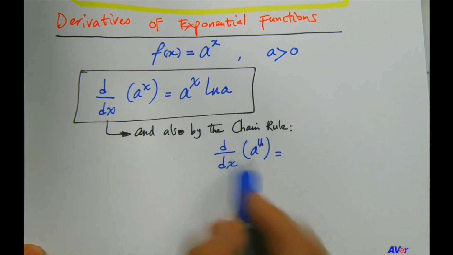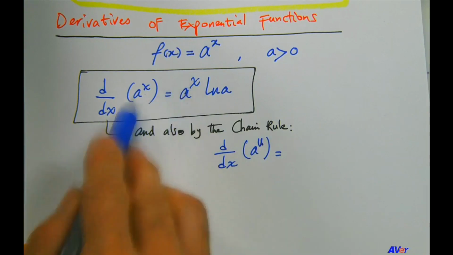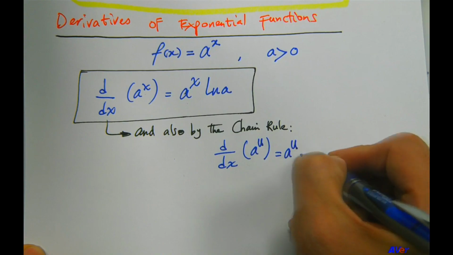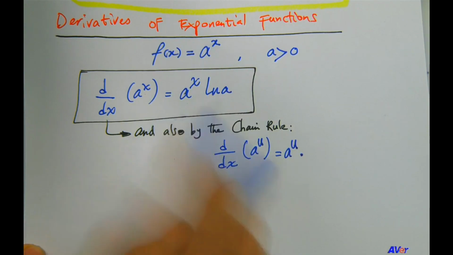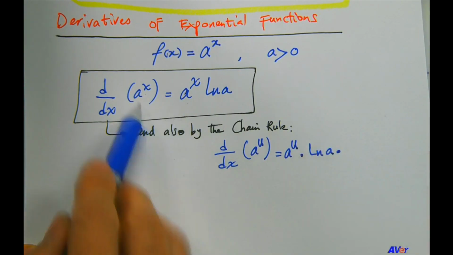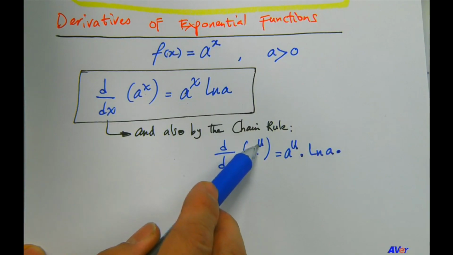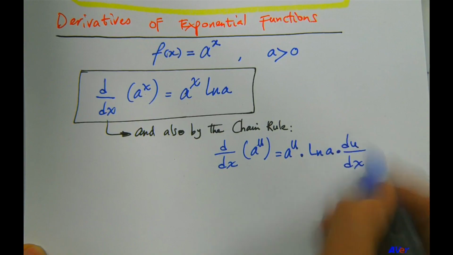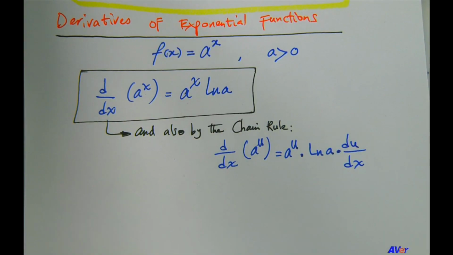Then we take that whole exponential function, multiply it by the natural log of the base, and multiply that by the derivative of function u with respect to x, or du/dx. So this piece is by the chain rule.